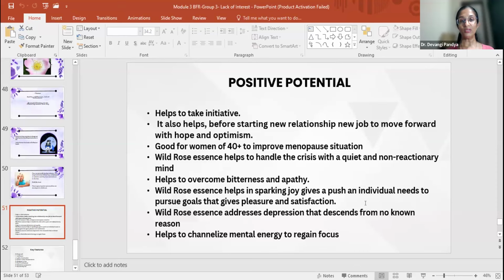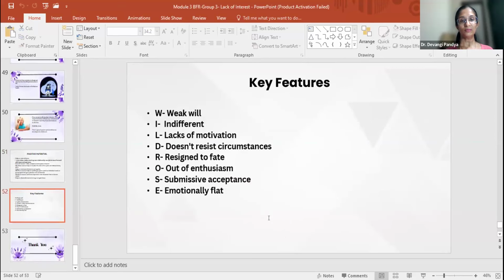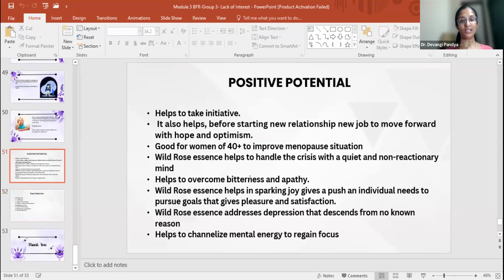So it gives joy and helps to fulfill the task. It will also help to reduce depression without any reason, and channelize the mental energy.